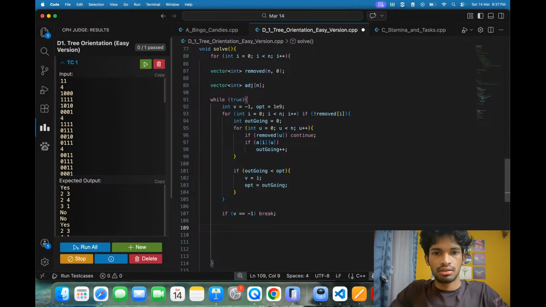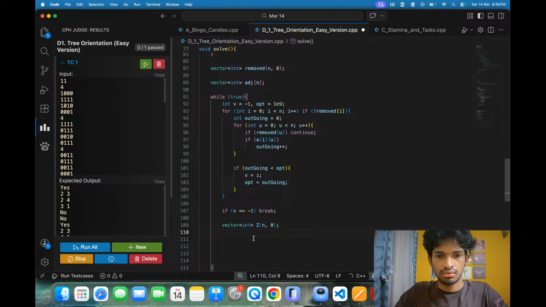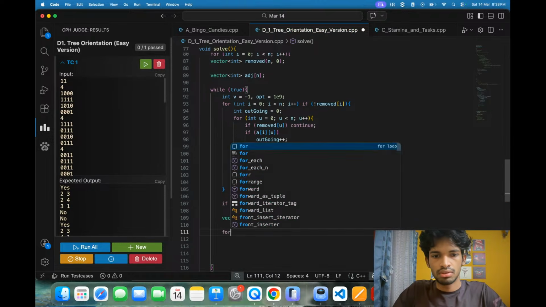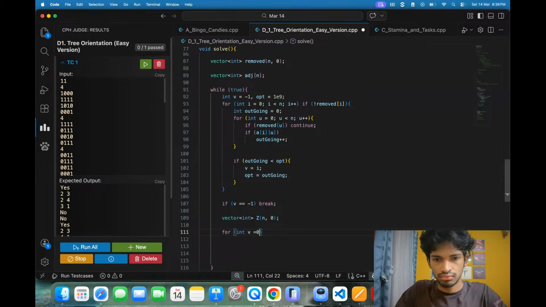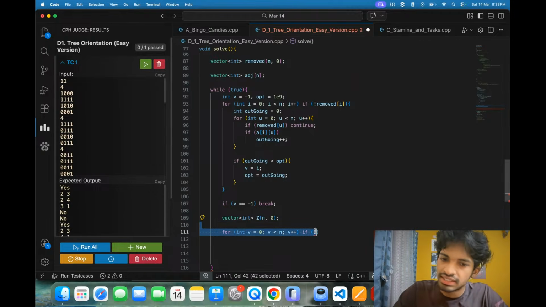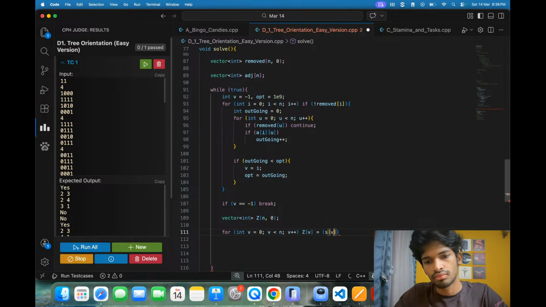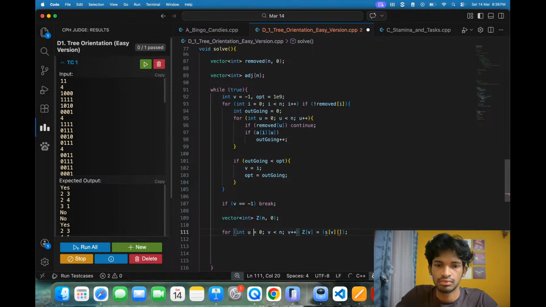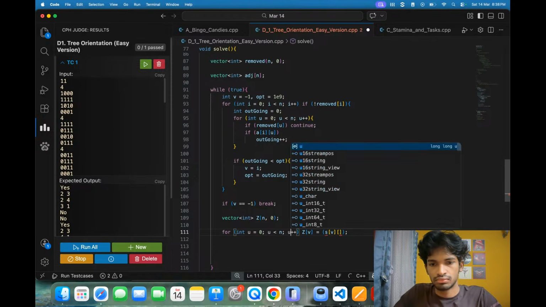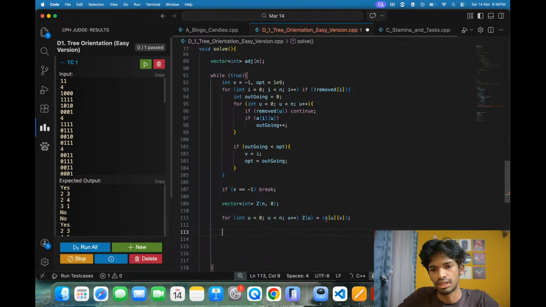Okay, z is nothing but if you can reach this v or not. That's it.